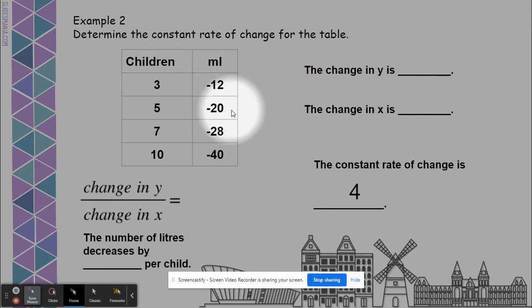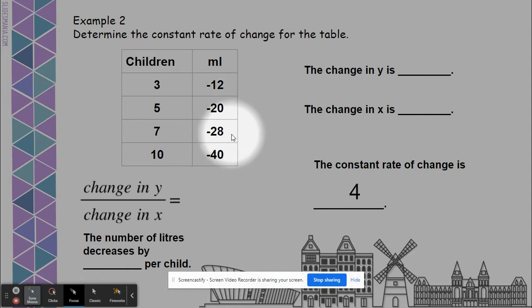In other words, I'm going to put in my calculator negative 20 minus negative 12. And I get the answer negative 8. I'm going to check one more. Not that it will necessarily be the same, but that doesn't mean it's not a constant rate of change. But let's check.